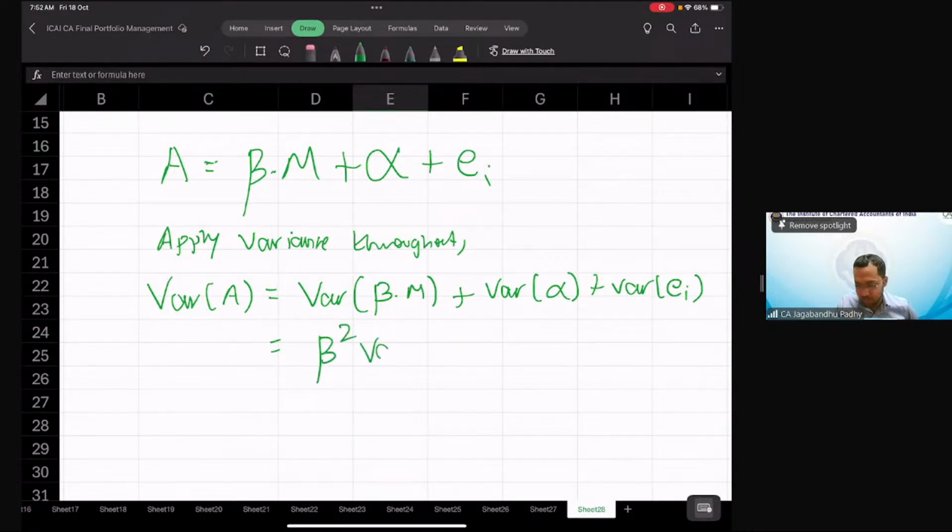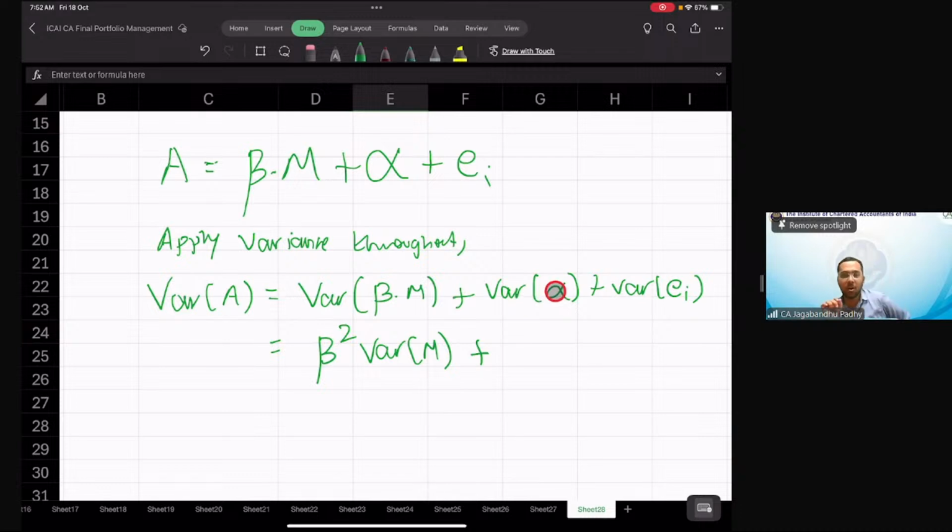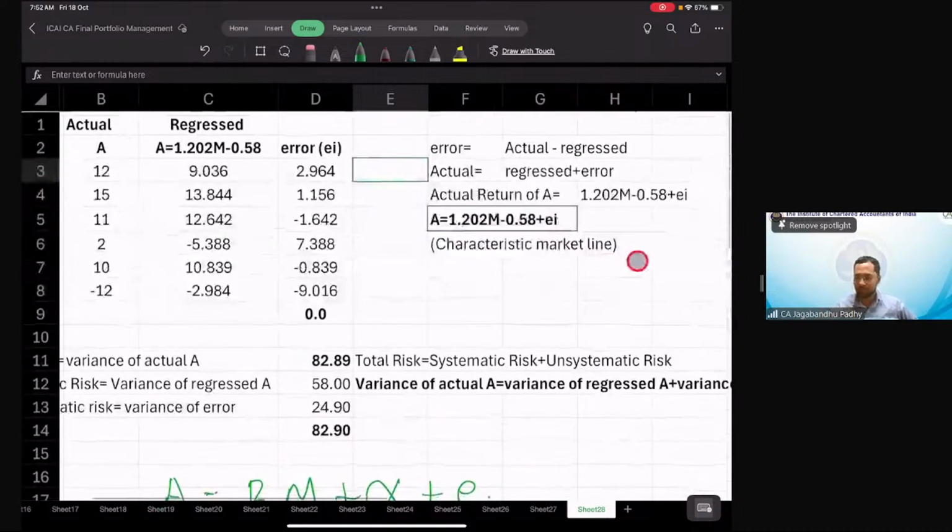So beta squared into variance of market, since variance is x minus x bar the whole square. So beta gets squared outside, plus variance of alpha. Was alpha a constant term or a varying term? The alpha over here, minus 0.58, is a constant term, right? So what do you expect about the variance of alpha?